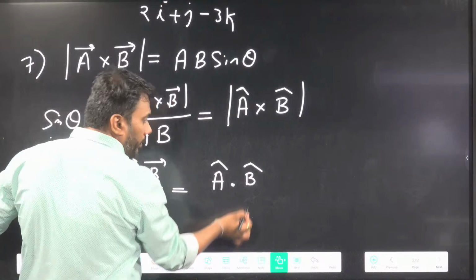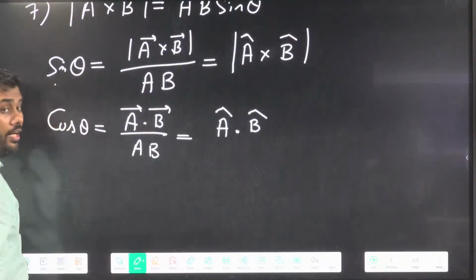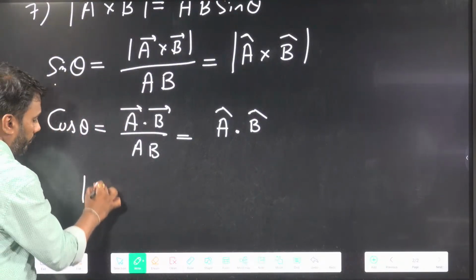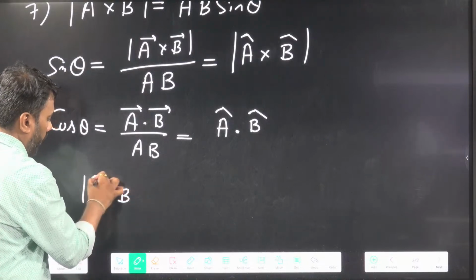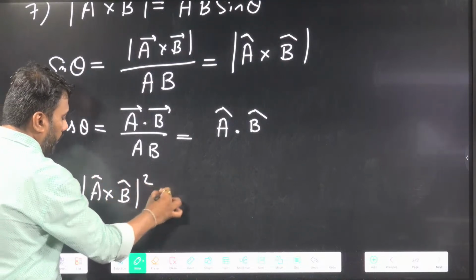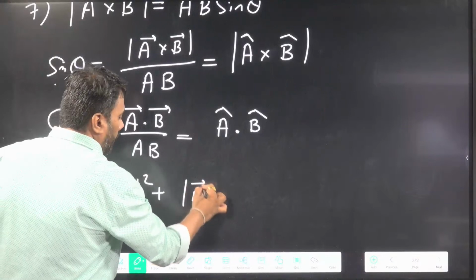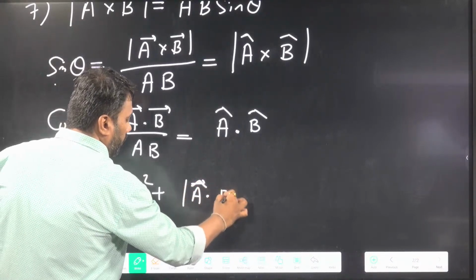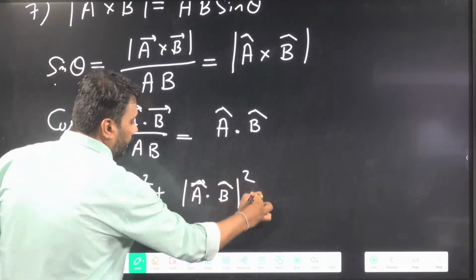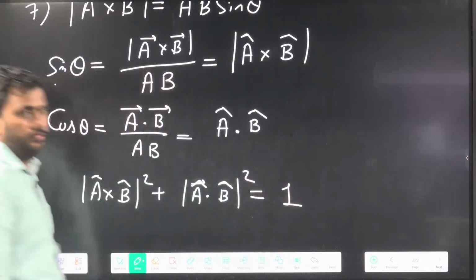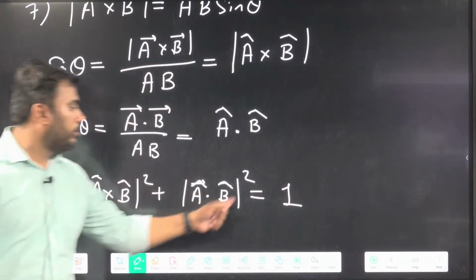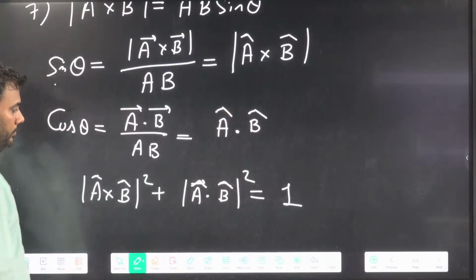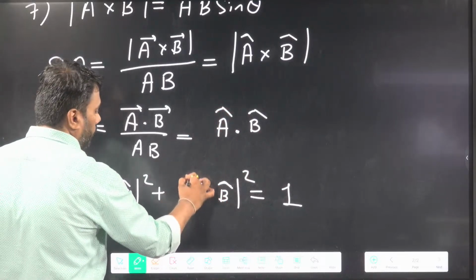And one more property we know about sine theta and cos theta: mod of A cap cross B cap squared plus A cap dot B cap squared will be equal to 1. Sin square theta plus cos square theta equal to 1.